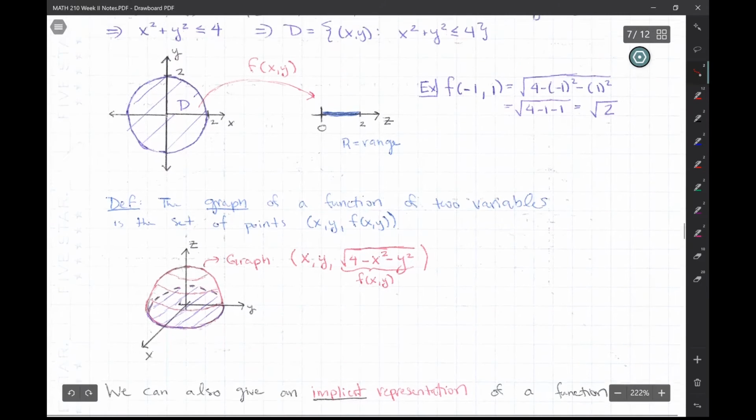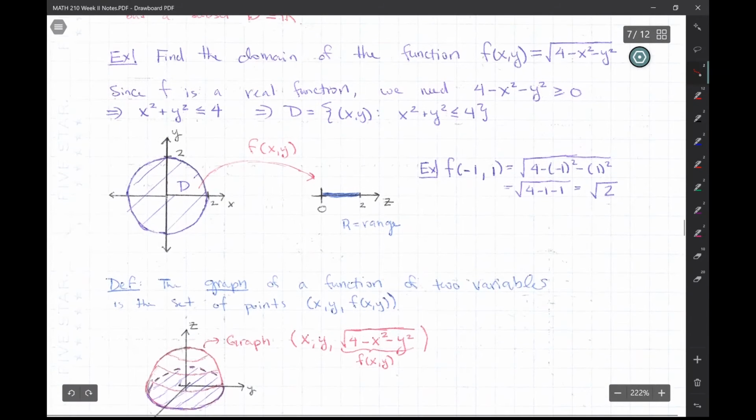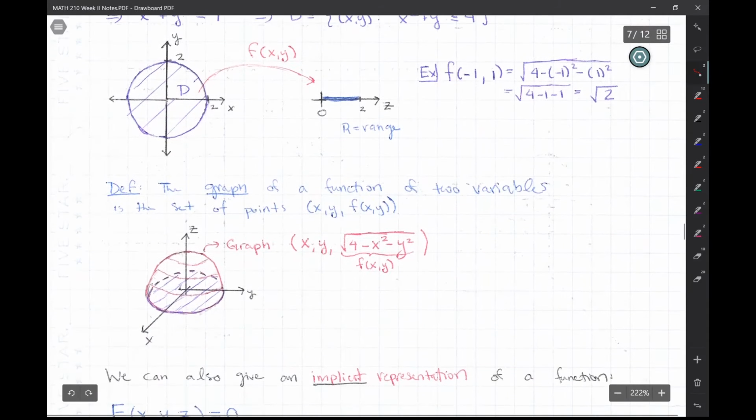So if we were looking at the function that we have up here, then I would go to some particular value x, y and map it up to the z that I would get from plugging in. For example, minus 1, 1, that's the point, say, down here. It gets mapped up to the square root of 2, okay?